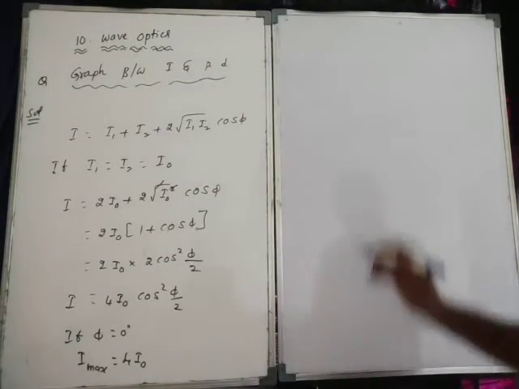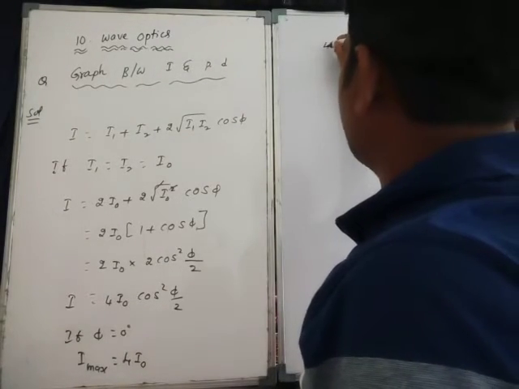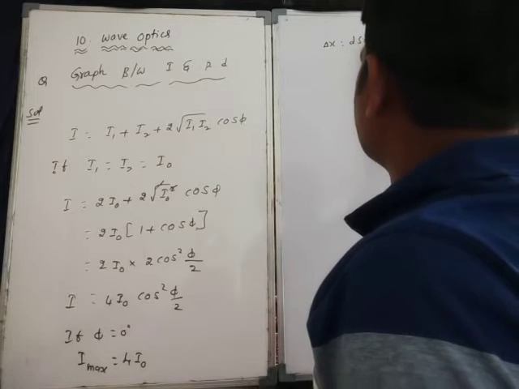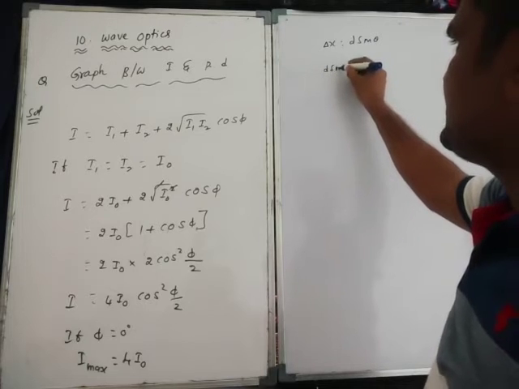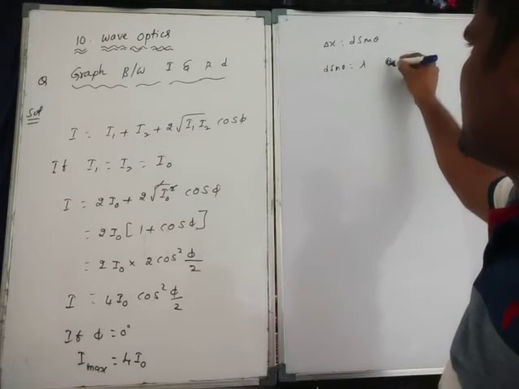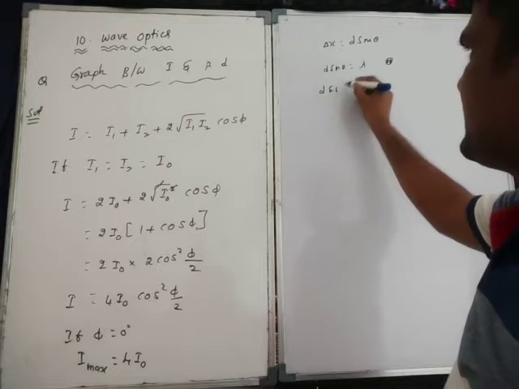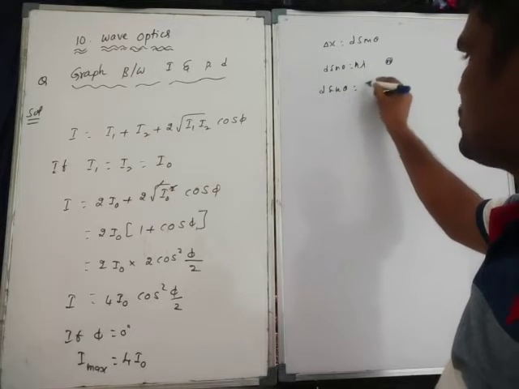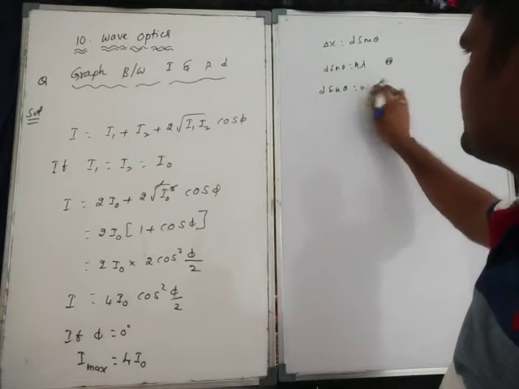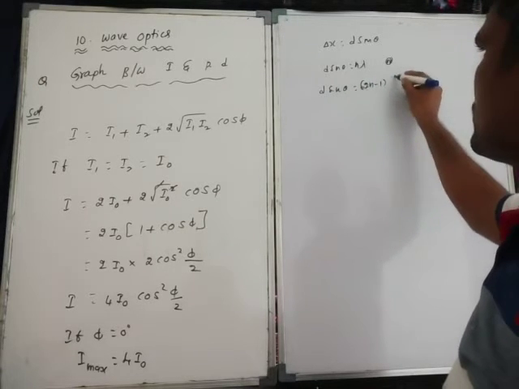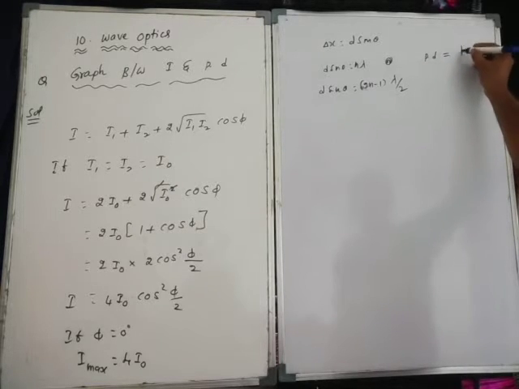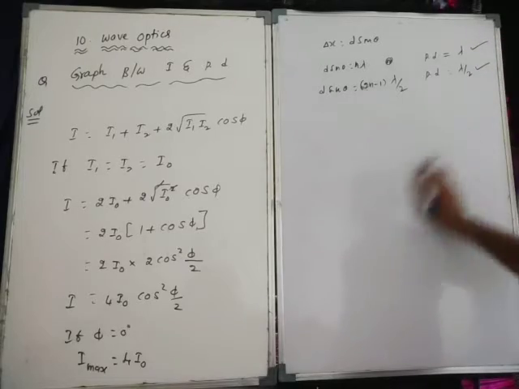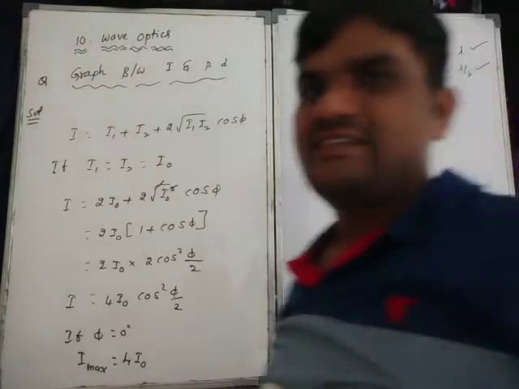Similarly, path difference: Δx = d sin θ. For bright fringes d sin θ = nλ, and for dark fringes d sin θ = (2n − 1)λ/2. That means the path difference is λ for bright and λ/2 for dark. Correct or not?